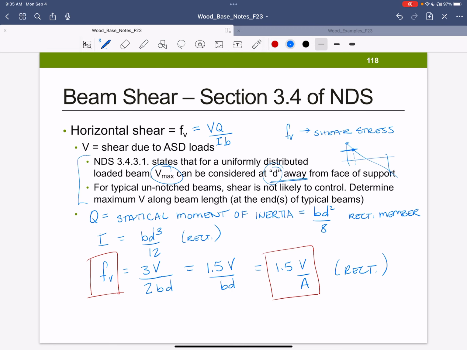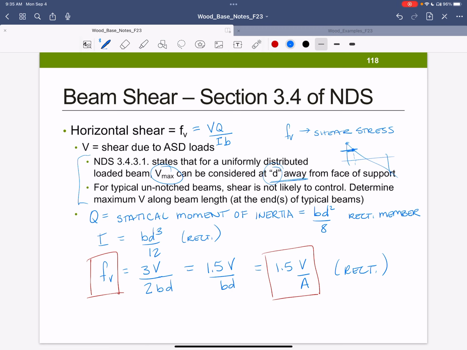Typical unnotched beams, shear is not the thing that's probably going to control in wood. So you want to look at the maximum shear along the beam length. Typically, if you have a typical case, d from the ends is going to be your max. Remember, you have to do pattern loading and things like that depending on what the member is.